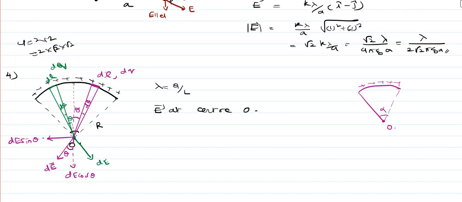If this is theta, this will also be theta. This means here dE cos theta again, here dE sin theta. So the dE sin theta components cancel and the cos theta components add up.